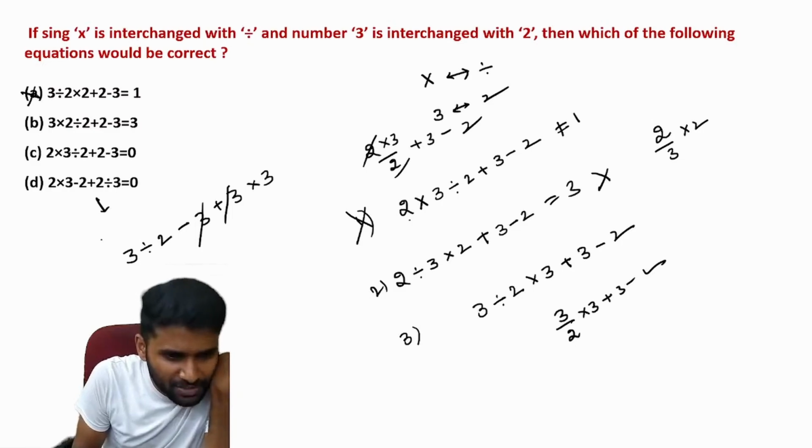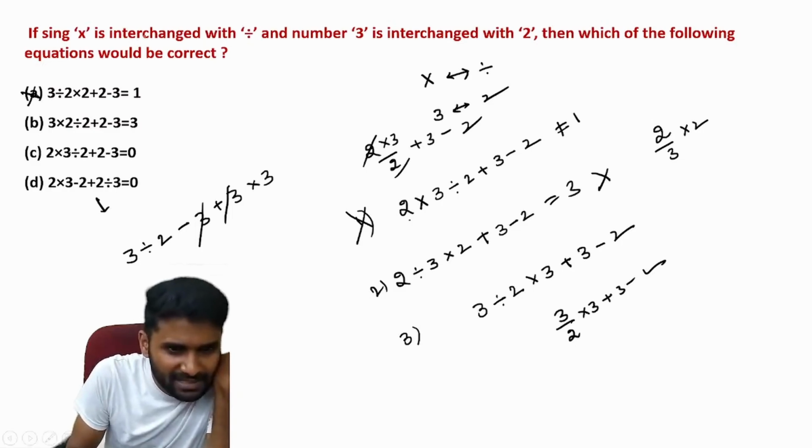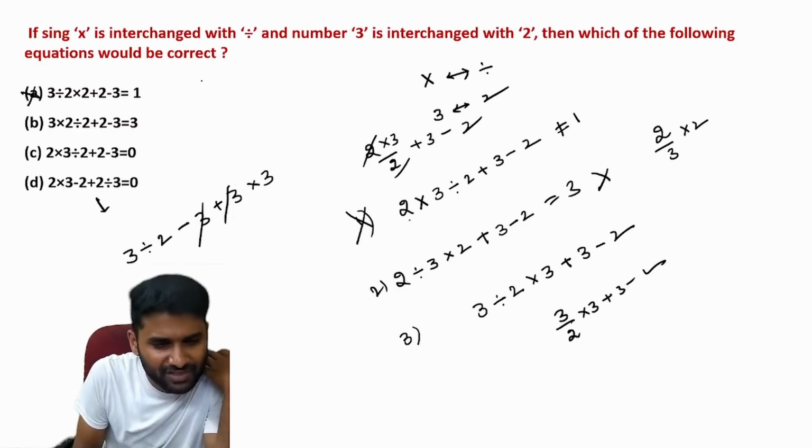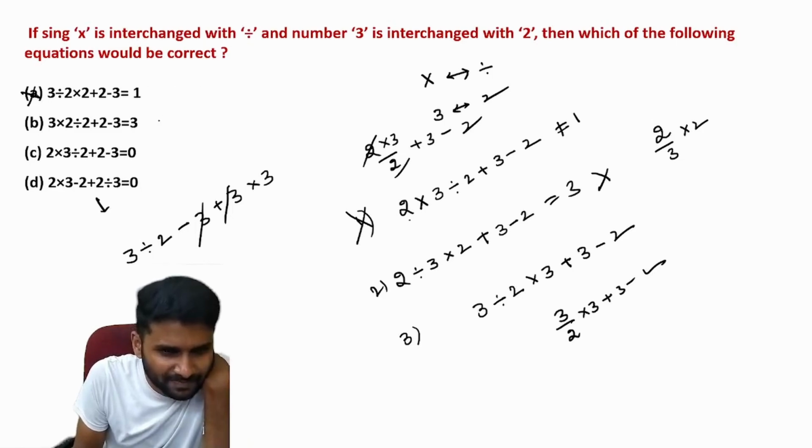Let's check with the option D. Multiplication is interchanged with division. 3 divided by 2 minus 3 plus 3 into 3. Plus 3 minus 3 cancel. 3 divided by 2 is equal to 1.5.